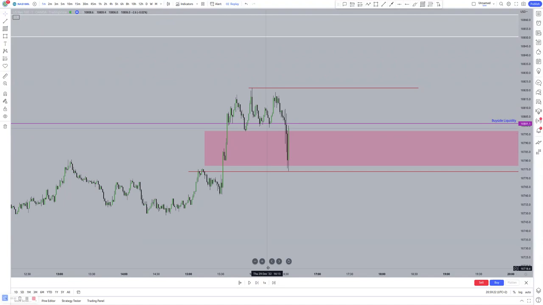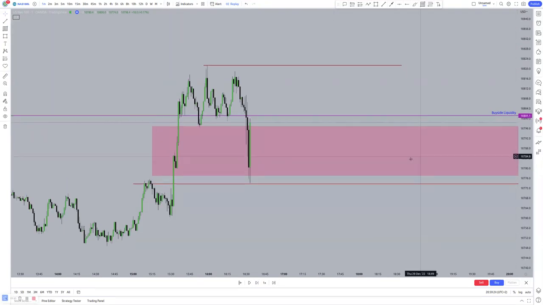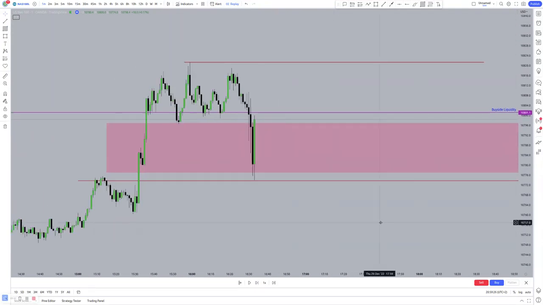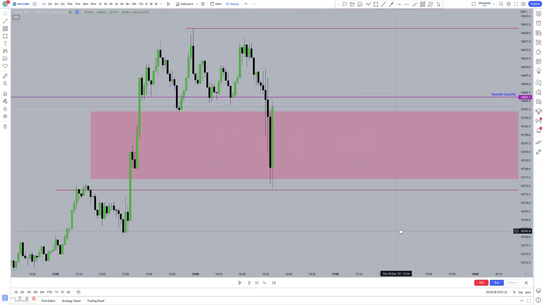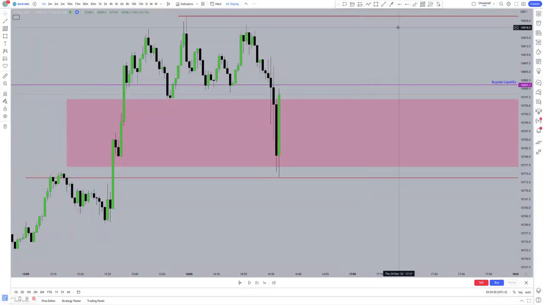There we go. All right, so now I want you to see this. I'm gonna zoom in. Now price has gone below the previous bearish candle, and at the same time we took out the high of this bearish candle.